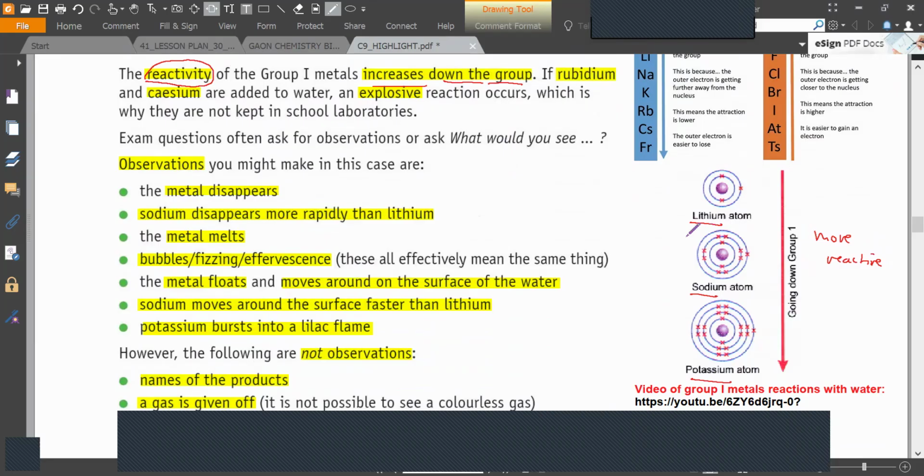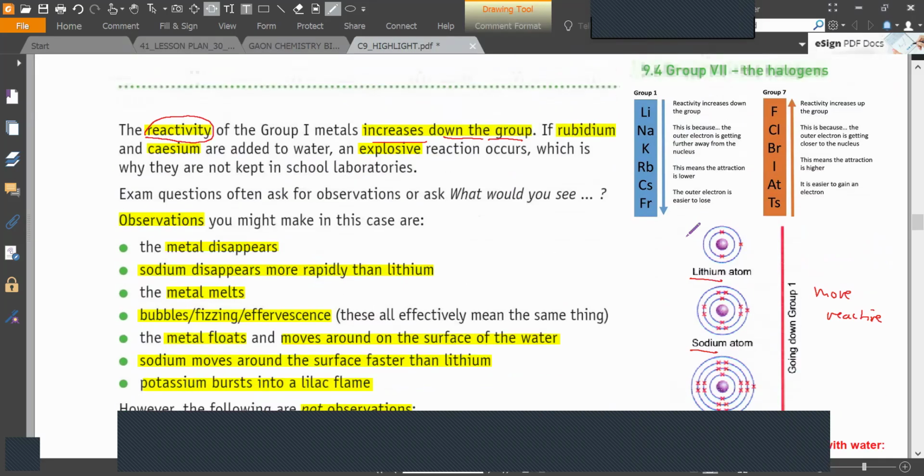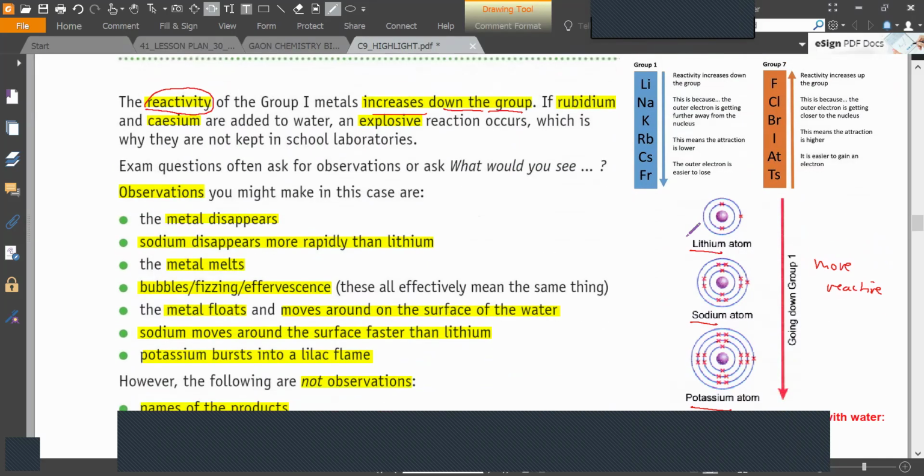Why? Before that, rubidium and cesium will be explosive. If you mix rubidium and cesium with water, it will straight away explode. It is very dangerous. So reactivity increases down the group.